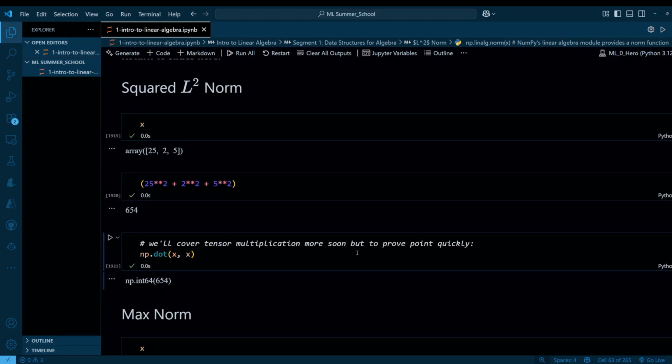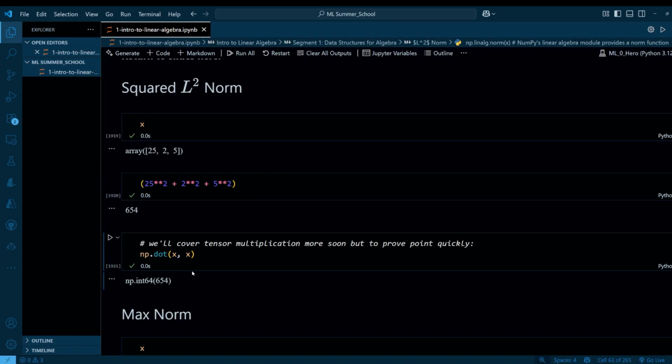So you can again do it in multiple other ways. One of the ways is basically the dot product, okay. x with x has values 25, 2, 5, and if we just do a dot product of the vector with itself, we can easily understand the value. Simple as that.